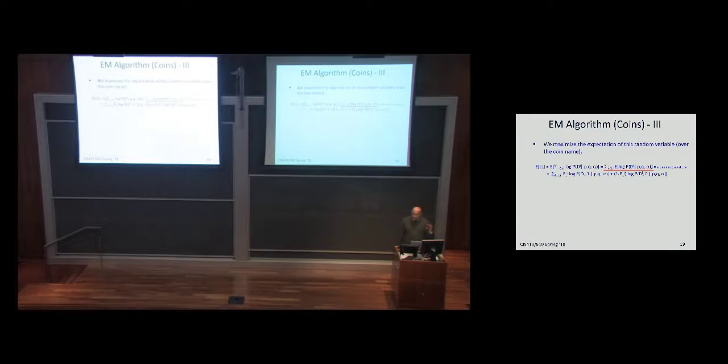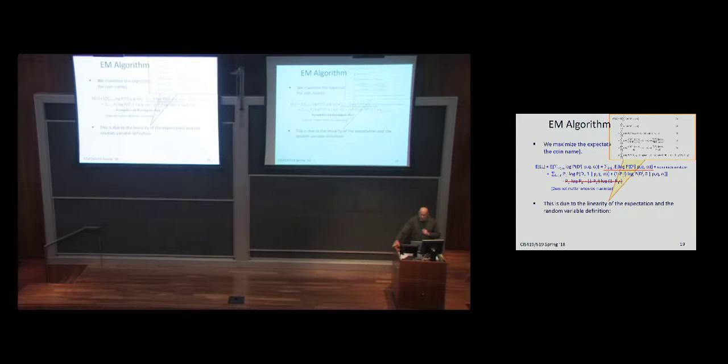P1i is the guess, the estimate that we have for the probability that this ith point came from 1, times log P of di and 1 given the parameters, plus 1 minus P1i times log P of di and 0 given the parameters. And again, as I said, this is basically a little bit of algebra and playing with random variables, nothing sophisticated.